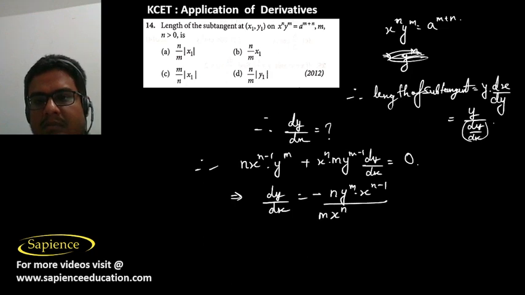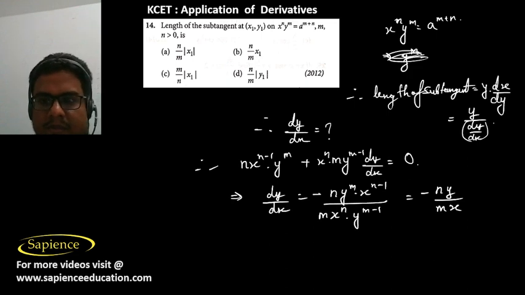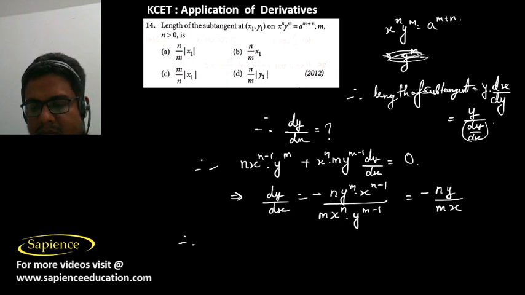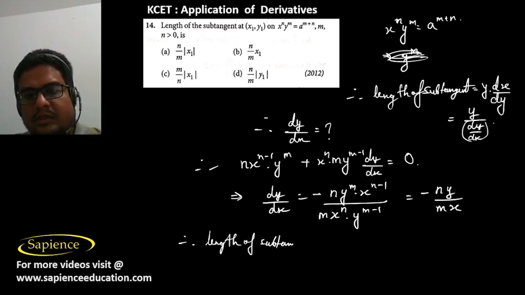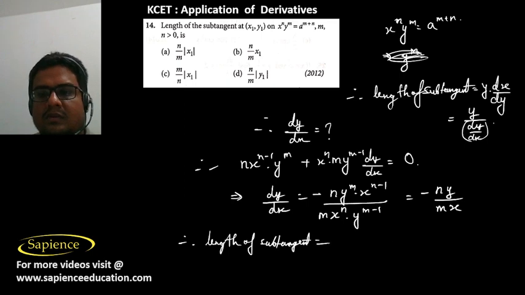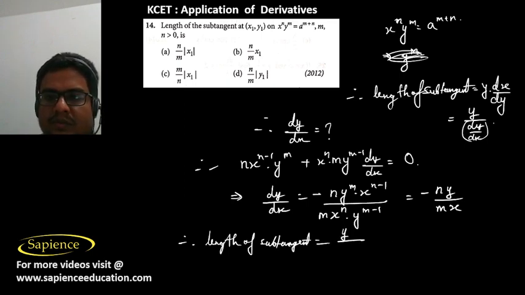This will be n by x. The length of the subtangent is y by dy by dx, that is x by n.